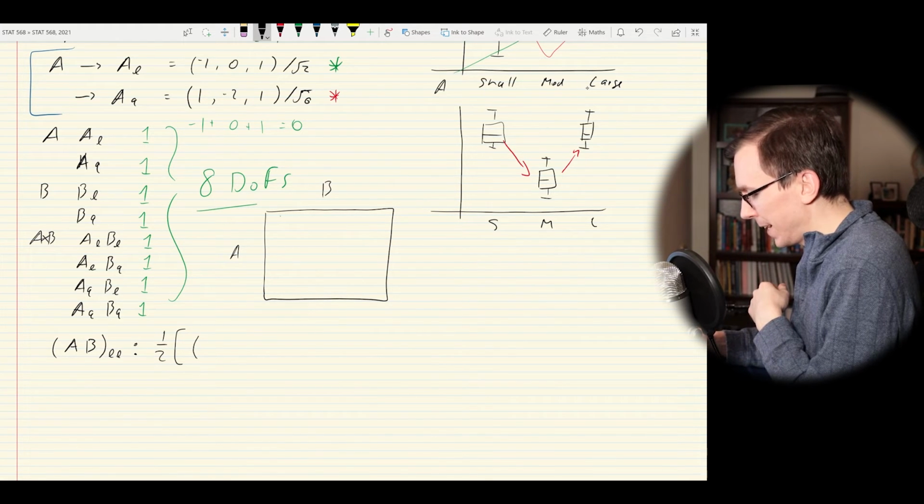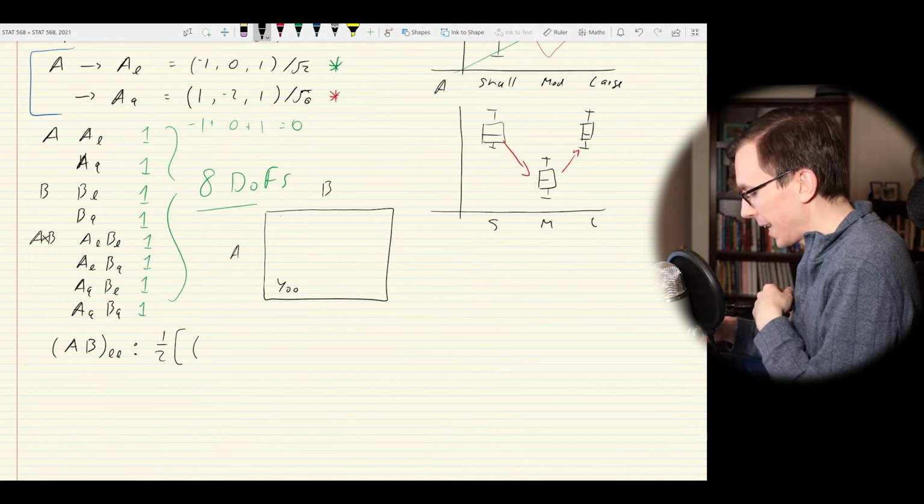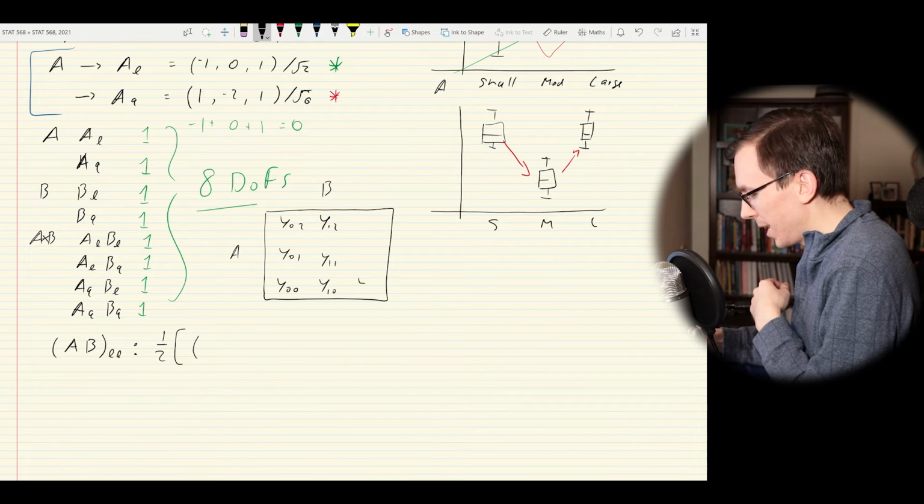We have 9 observations. Starting from the bottom left in graphical order, instead of matrix order, we have y0,0, y0,1, and y0,2. We have y1,0, y1,1, y1,2, y2,0, y2,1, y2,2.